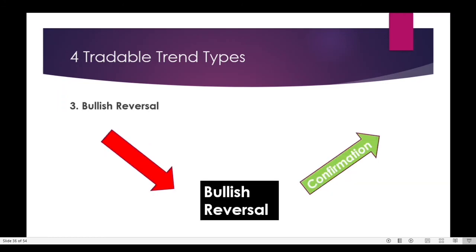All right. The third tradable trend that us traders like is the bullish reversal. Now, there are opportunities where we can see the trend is trading down, and all of a sudden we see the bullish reversal candlestick. Then comes another bullish candlestick for confirmation, and we jump on in and we ride that wave on up.